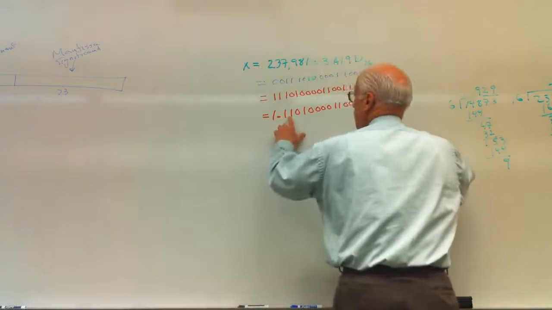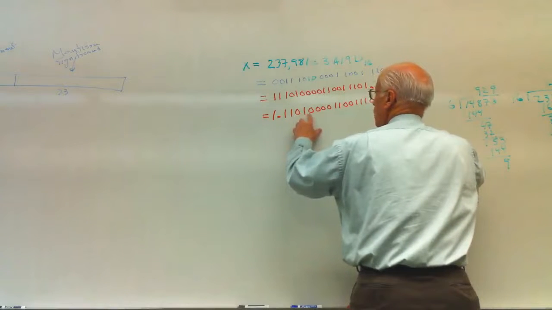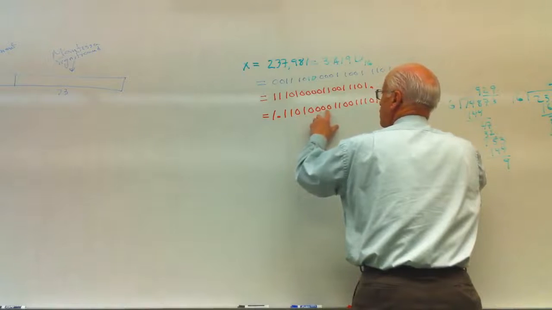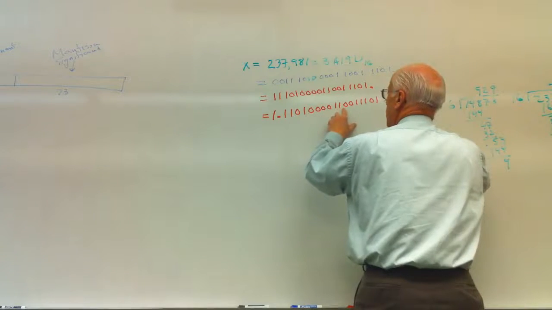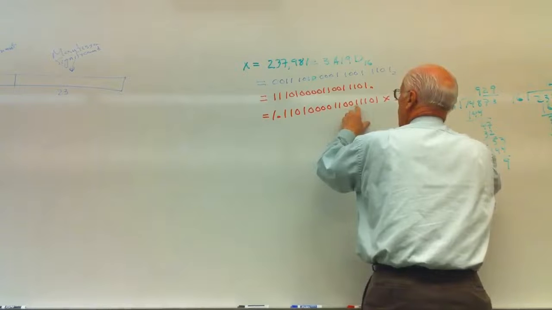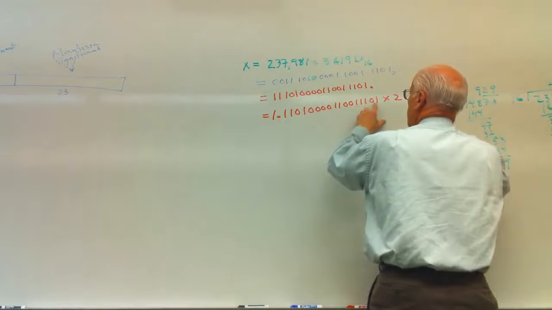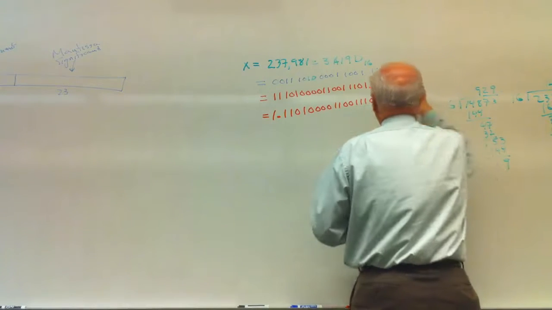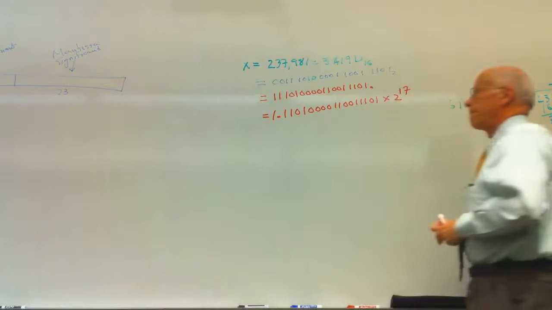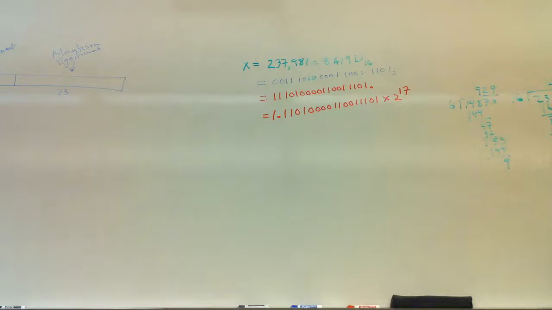How far do I need to move it? 1, 2, 3, 4, 5, 6, 7, 8, 9, 10, 11, 12, 13, 14, 15, 16, 17. Each one of those powers of 2 would move that point one place to the right. So that's the number I'm going to store.